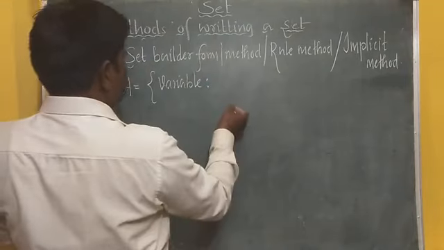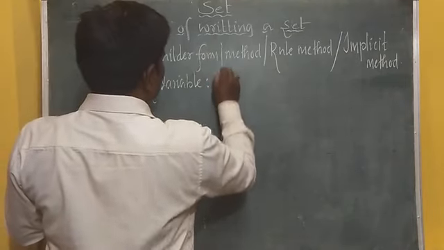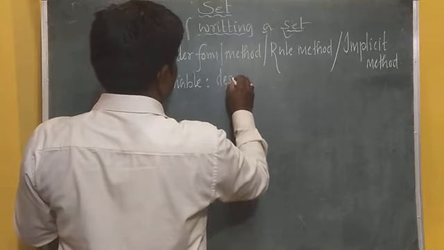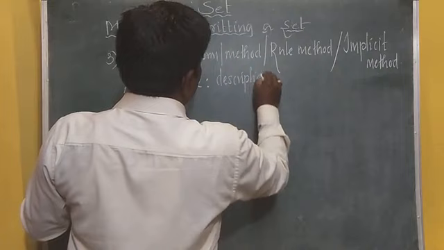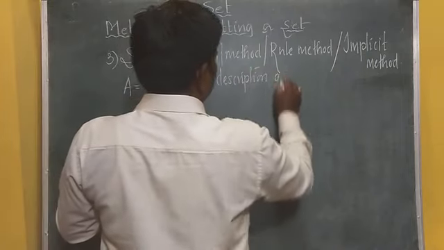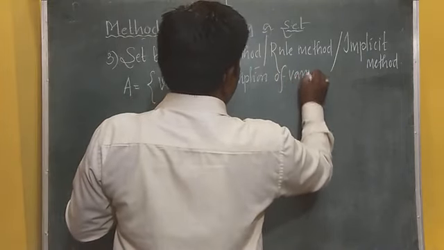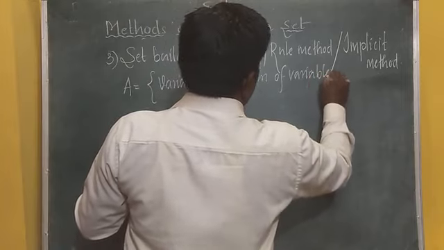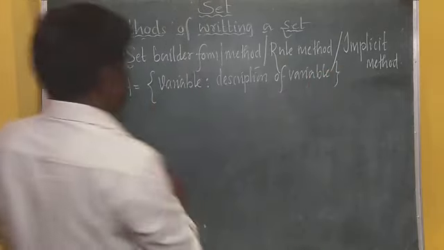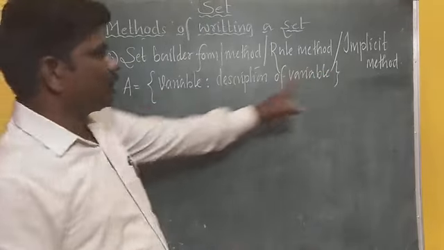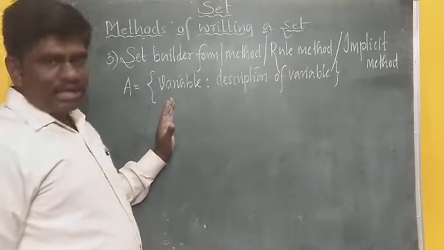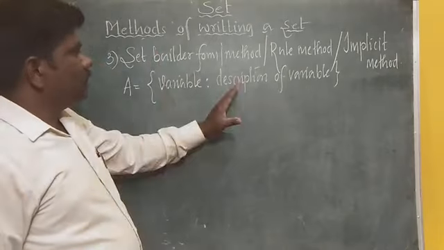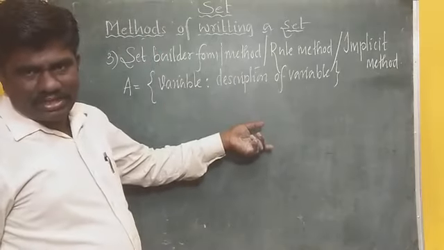On the right side, the description of the variable. But both are in the flower bracket only. So in the left part you should write a variable, and in the right part you have to explain what that variable is.